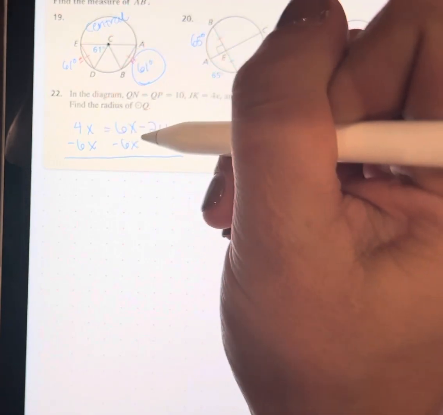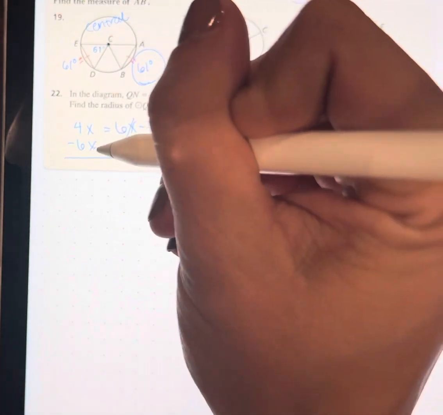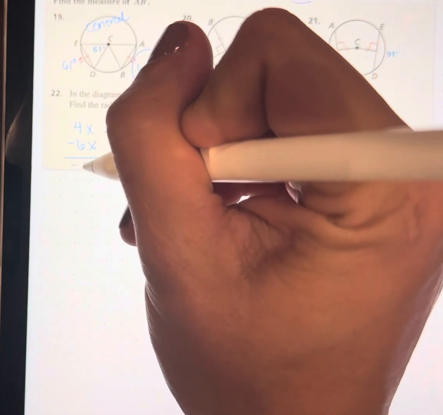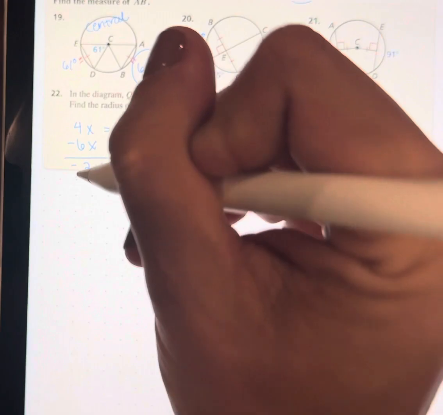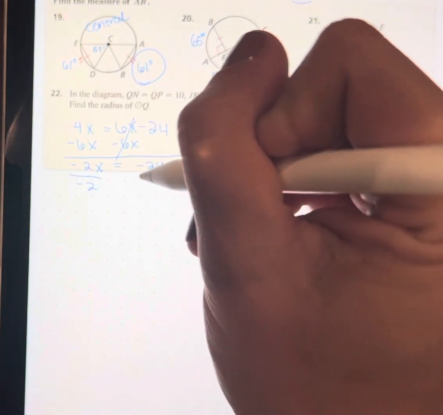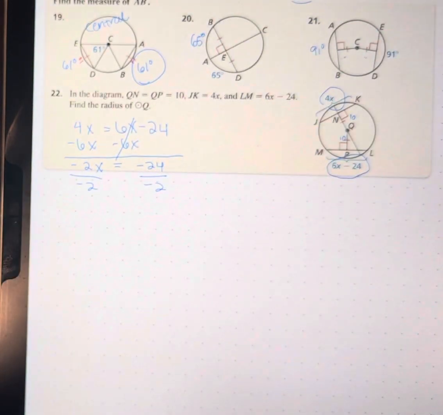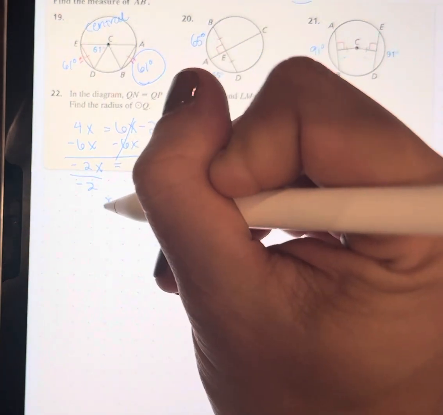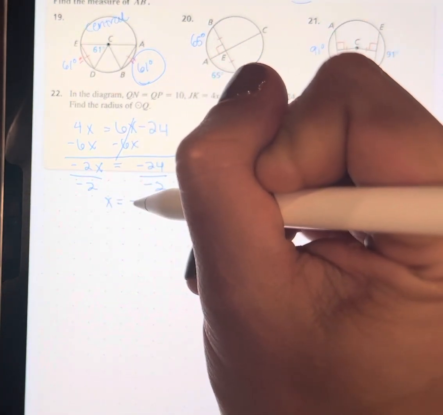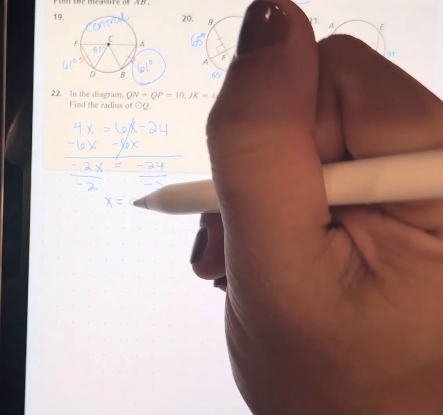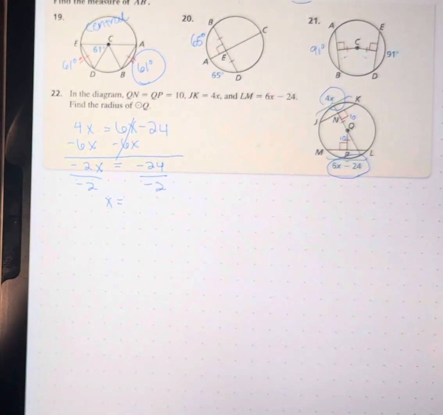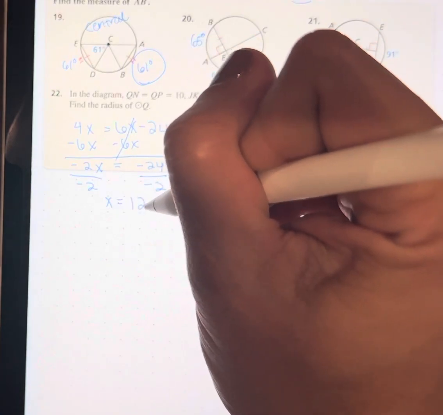So when this happens, I just go ahead and deal with the negative numbers. 4x minus 6x is negative 2x, and that equals negative 24. Typically, by the end of it, it all works out okay. Divide both sides by negative 2. x equals negative, nope, not negative. The negatives cancel, let's try that again, and x equals positive 12.